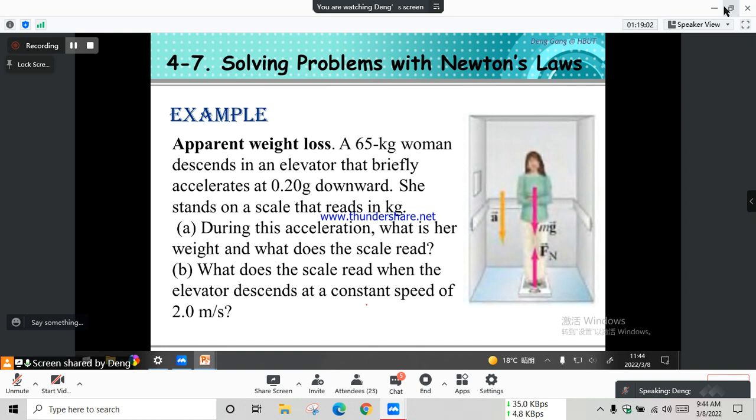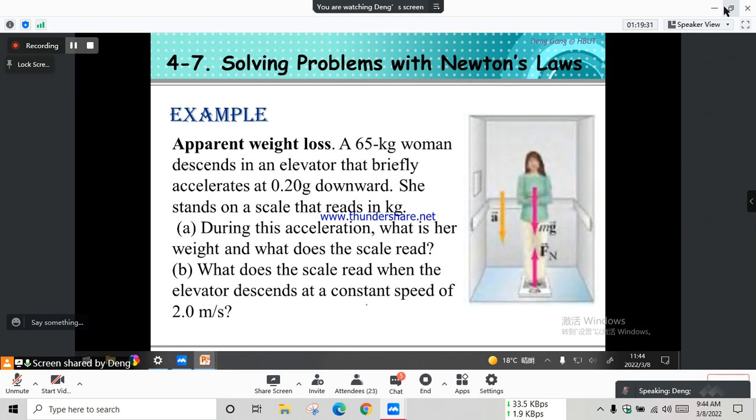The force you applied on this scale should be equal to the force the scale applies on you. We can infer this according to Newton's third law. So actually, the read of the scale is this Fn, not mg.